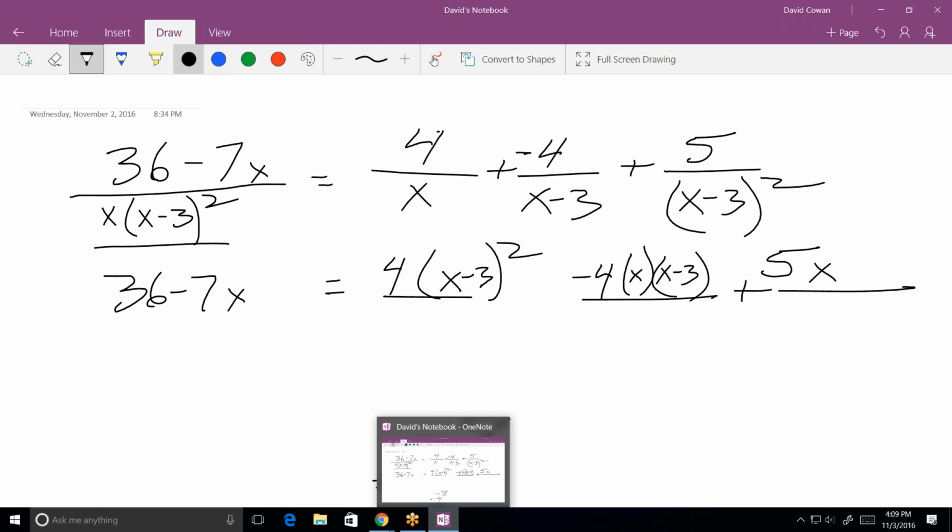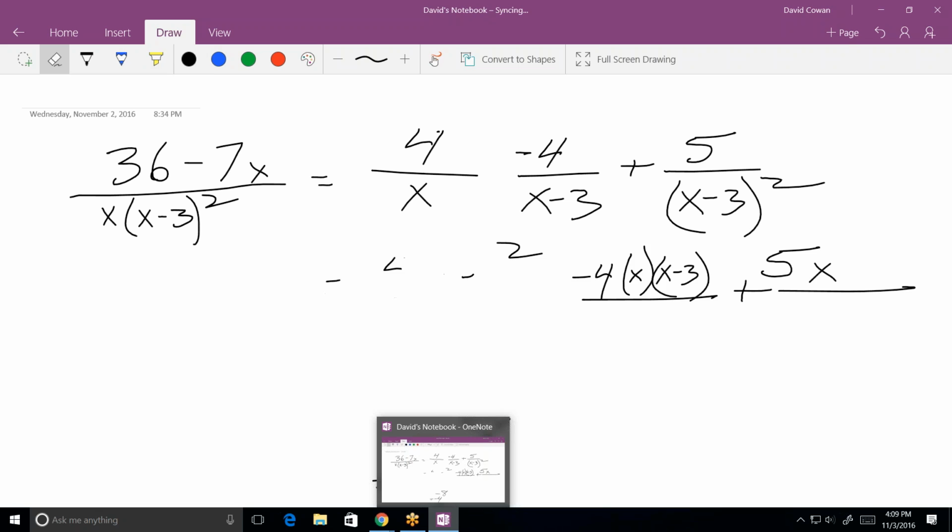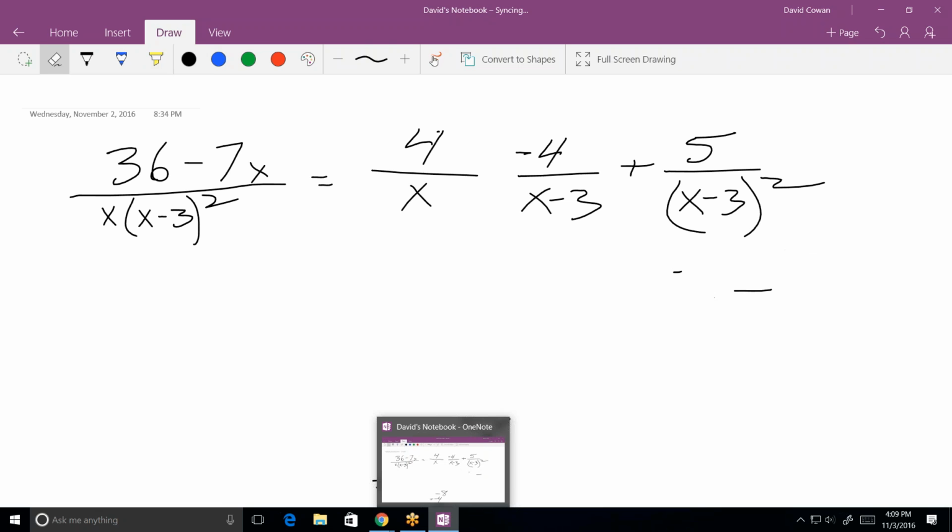And if you went back, again, if your life depended on it, on this being correct, you would go back and do this. You would add these 3 fractions together and make sure when you're done that your numerator reads 36 minus 7x.